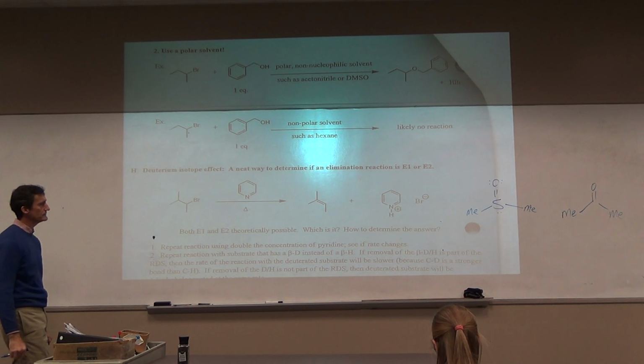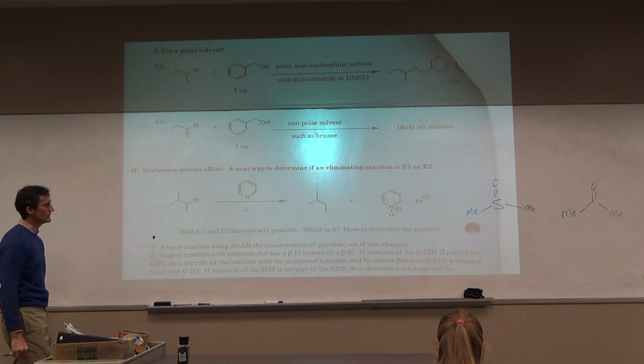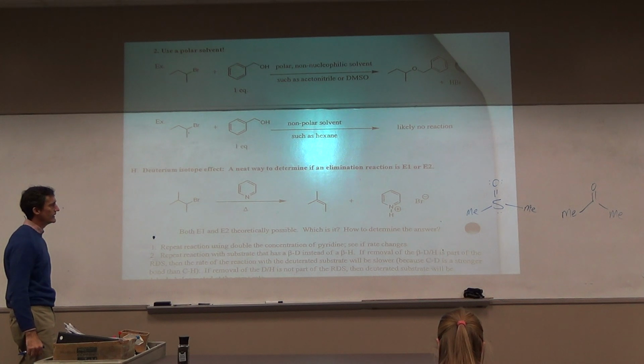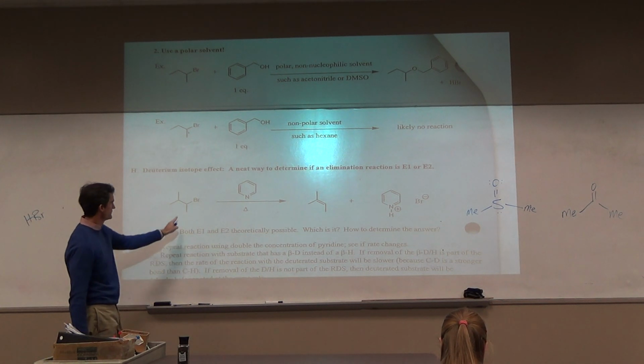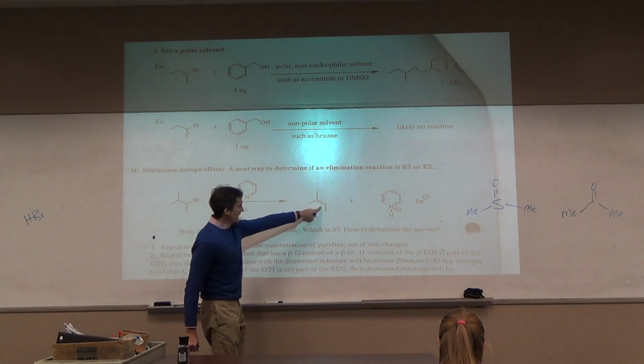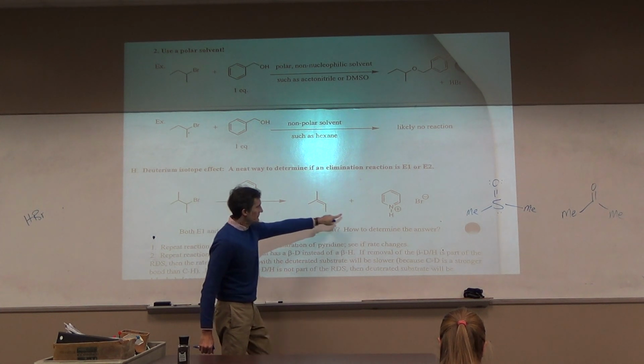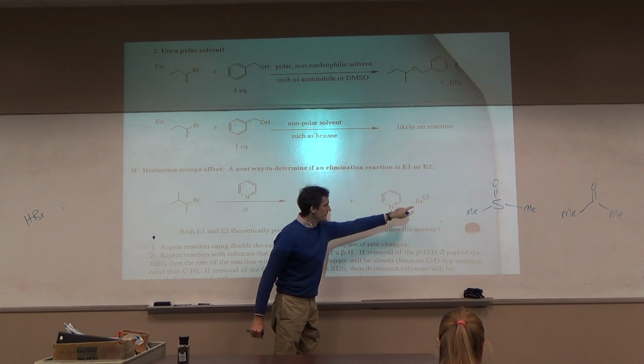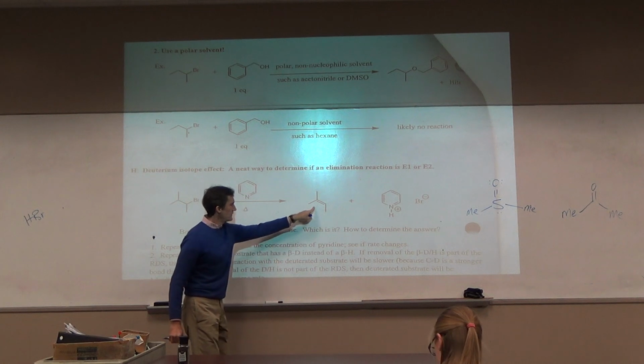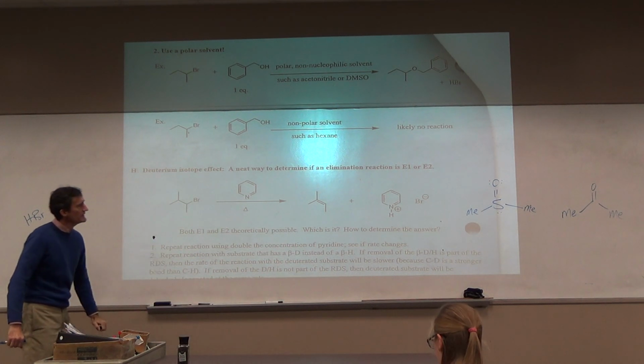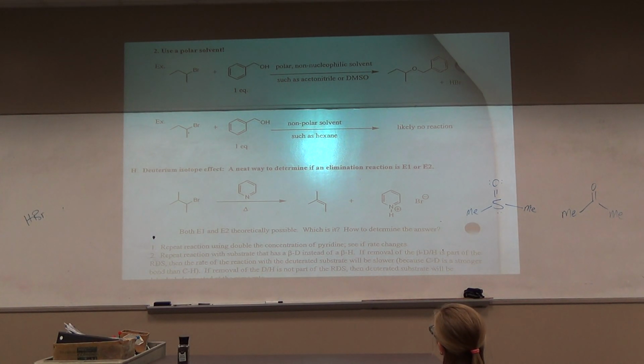It's an sp2 nitrogen, often used as a weak base. We've got an elimination product here. It looks like the pyridine took the H, the leaving group left, and we made that salt there. Elimination, is this an E1 or E2? E1 or E2?